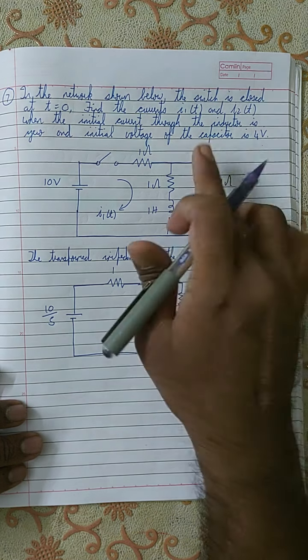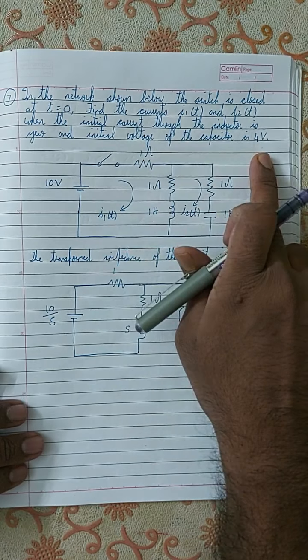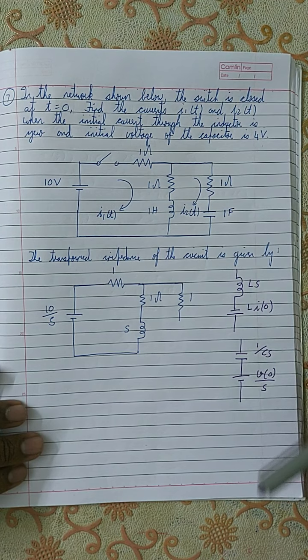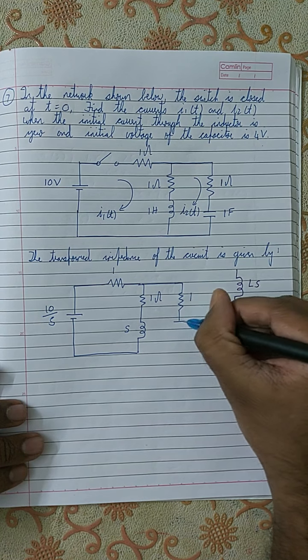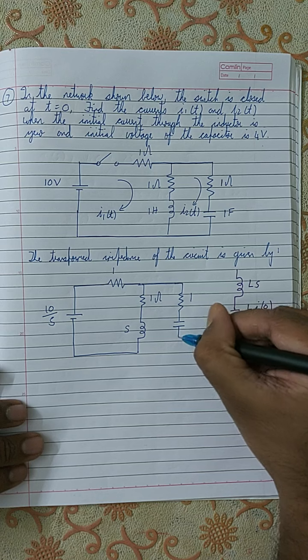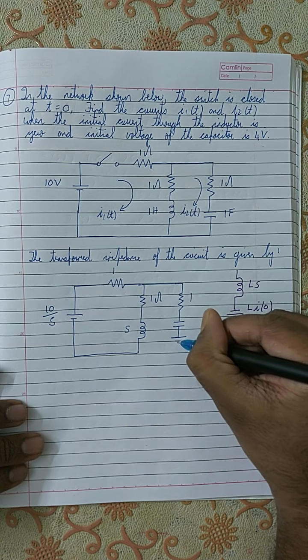Here the initial voltage of the capacitor is already given, which is 4 volt, so substitute V of 0 as 4. So this is nothing but a capacitor with a positive voltage.